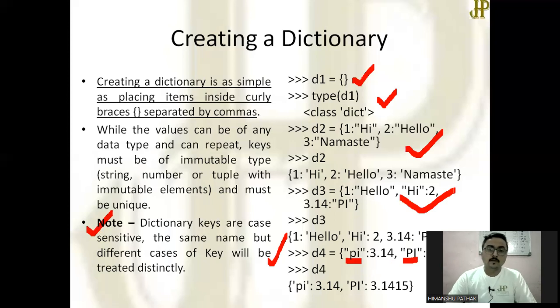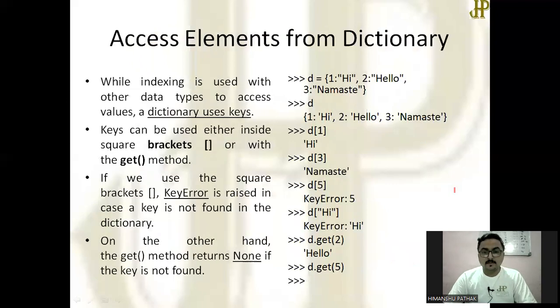Now move on. How to access elements? It is very simple with the help of what? Keys. Why? Because there is no such indexing in a dictionary. So 1 is the key, 2 is the key, 3 is the key. Based on key 1, hi will be fetched.